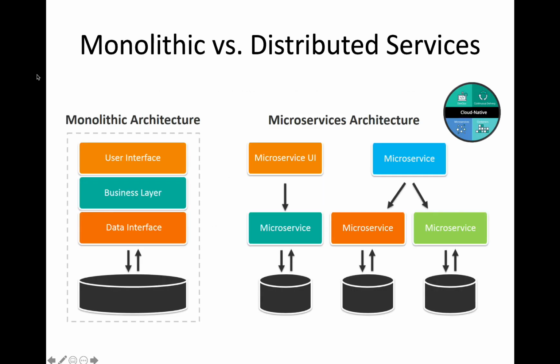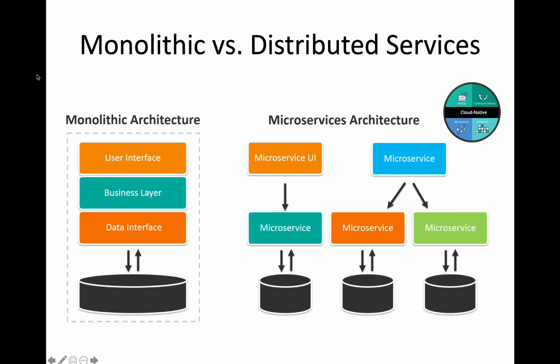Our traditional applications were generally designed in a monolithic fashion. Well, what does that mean? Well, it could mean that all of the code of our application existed in a single service or a single file that we execute.